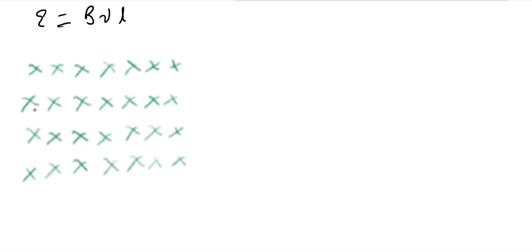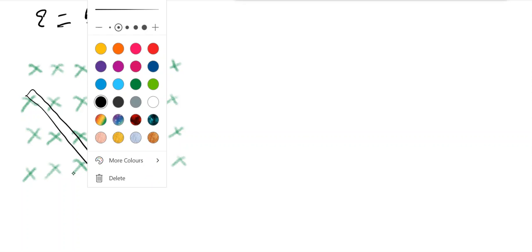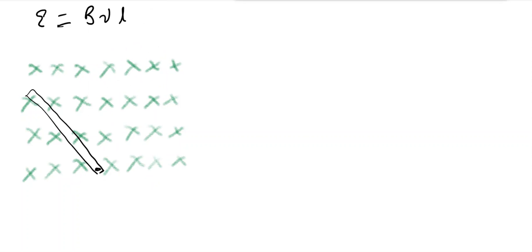If the rod is initially like this, suppose this end is fixed, and then you can turn it. You will be able to bring it here.